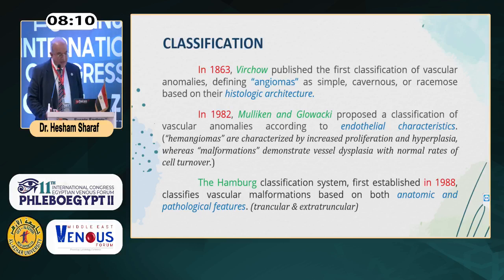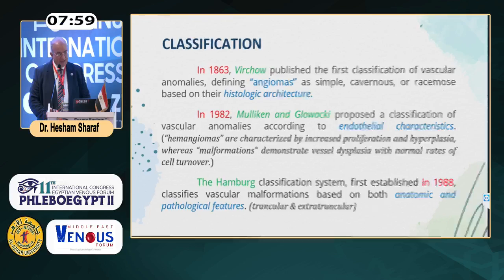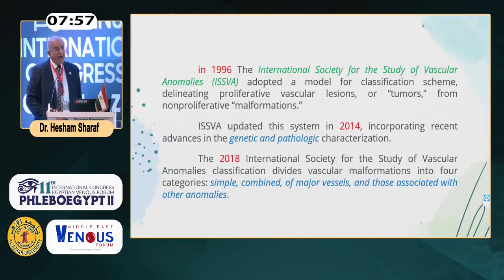The Hamburg classification system, first established in 1988, classified vascular malformation based on anatomic and pathologic features, truncular and extratruncular. In 1996, the International Society for the Study of Vascular Anomalies adopted a classification scheme delineating proliferative vascular lesions or tumors and non-proliferative ones.